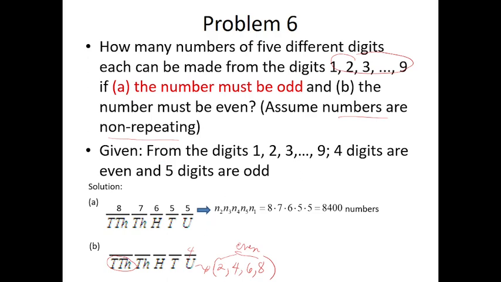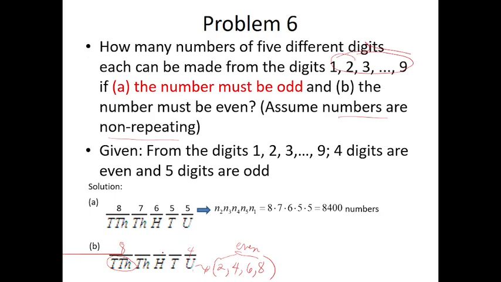So, in other words, if we already place a number at the last digit, we cannot repeat that at the 10,000s place. So, if we have numbers 1 to 9 and we already place a number at the last digit, how many are left? There are 9 numbers, and we already placed a number at the last digit, therefore, we have only 8 options left.